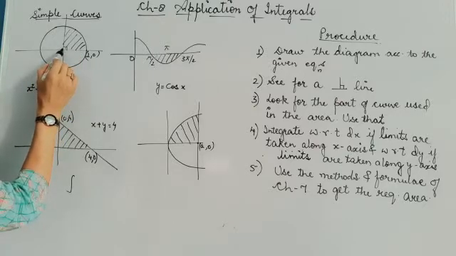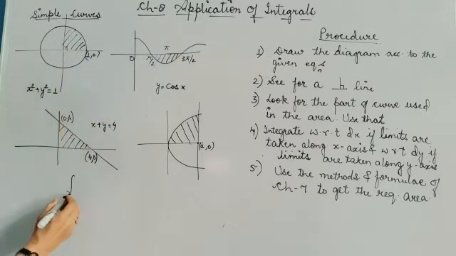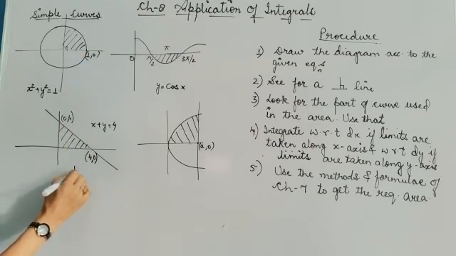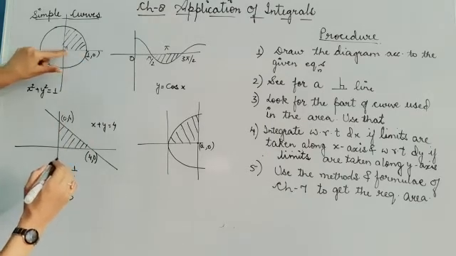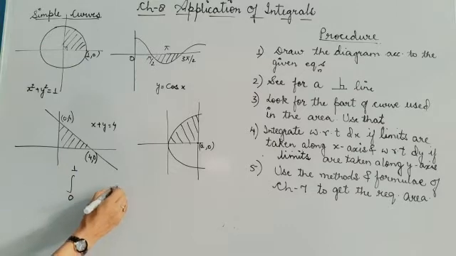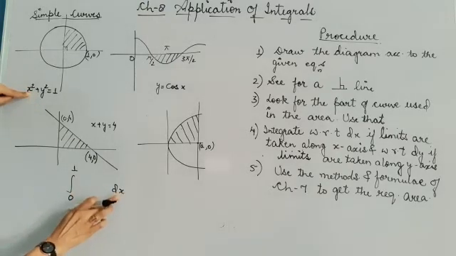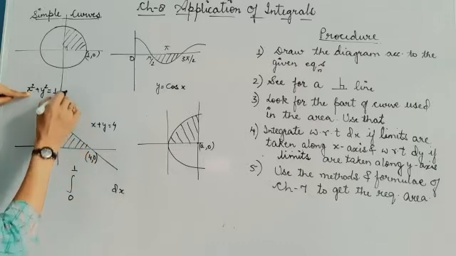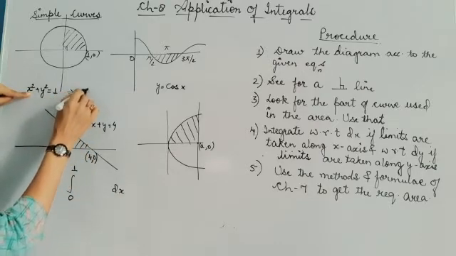So the limits you will be putting are from 0 to 1, integration from 0 to 1, and since you are moving along the x-axis, you will be integrating with respect to x, and the function you will be forming is from the given equation of the circle. Since you are integrating with respect to x, you will be framing it in terms of x only.